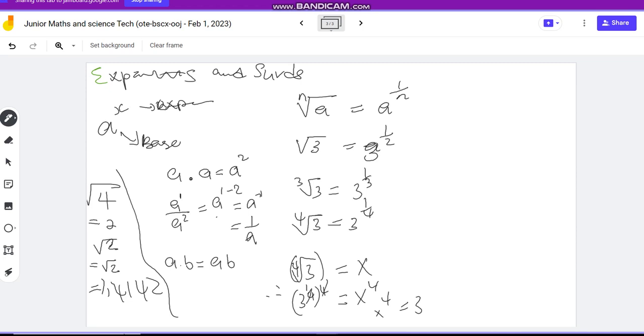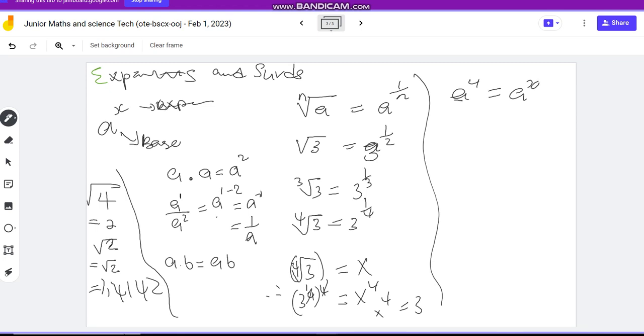Do you get it? But now let's go to a situation wherein you're having a to the power of 4 is equal to a to the power of x.